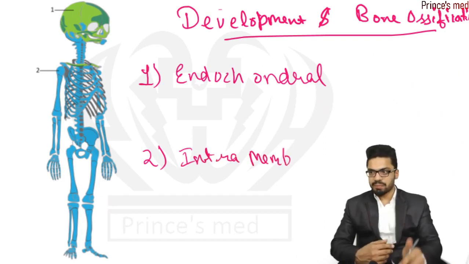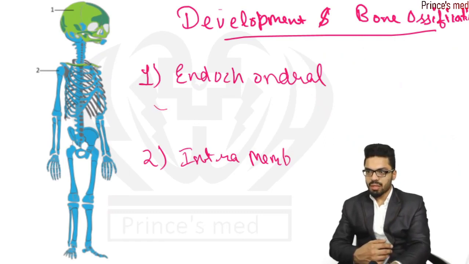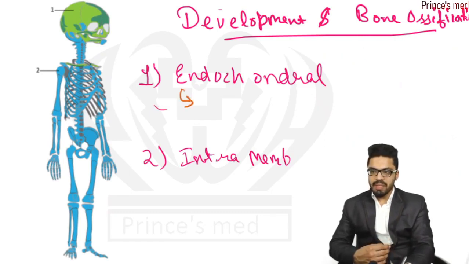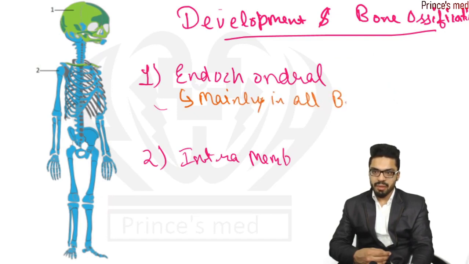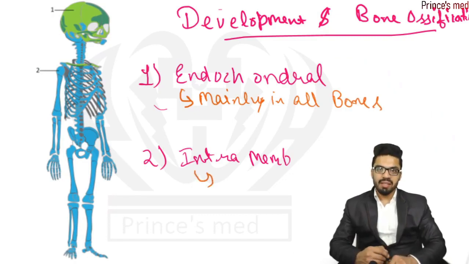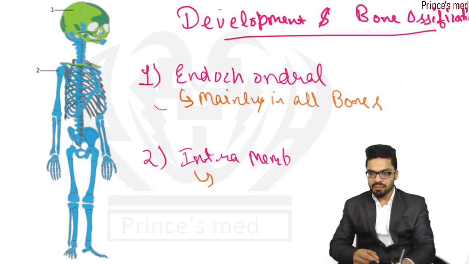Endochondral ossification takes place mainly in all bones, and intramembranous ossification mainly takes place in the skull bones and some part of the clavicle.